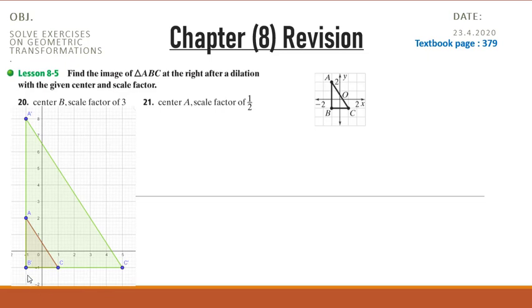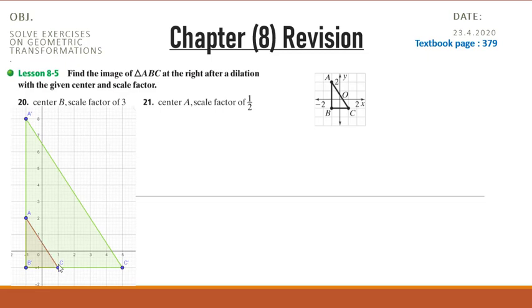As you can see here, guys, we have 1, 2, 3 units. So the distance from B prime to A prime should be 3 times the distance from B to A. The same with BC. So B prime C prime is 3 times BC. Again, guys, we are not going to multiply.